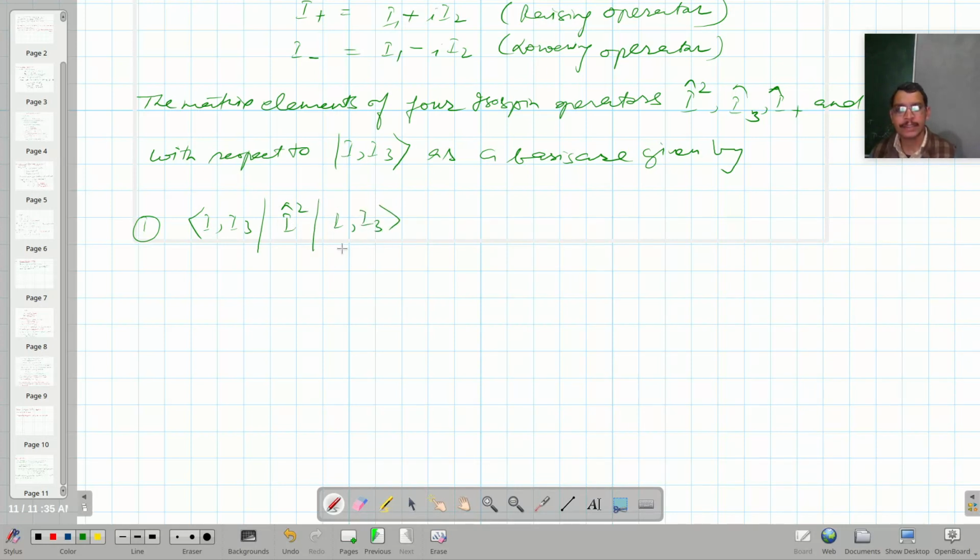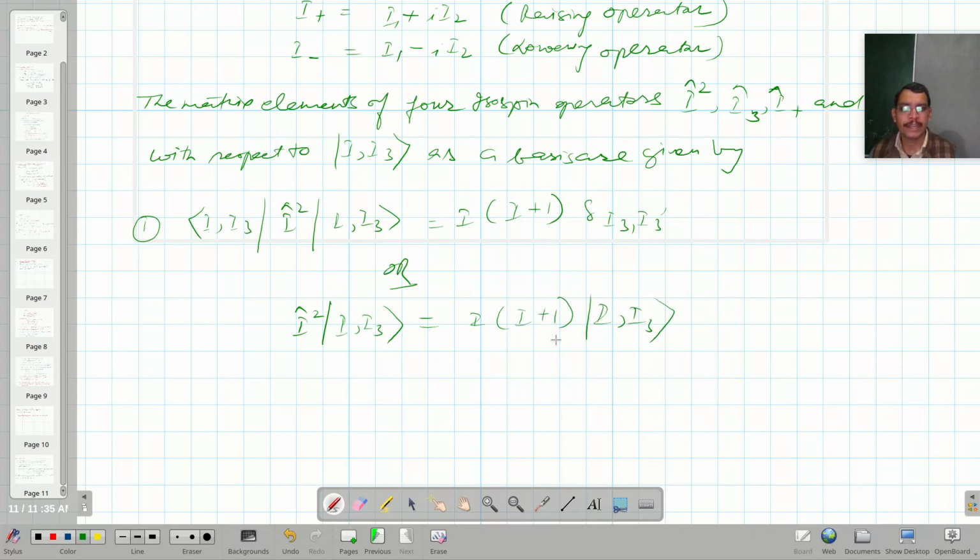The expectation value of I square when operated with I and I3 can be I into I plus 1 delta I3 prime, right? Or in some texts it can be written as I square acting on I, I3 gives I into I plus 1 times I, I3. So one and the same thing.